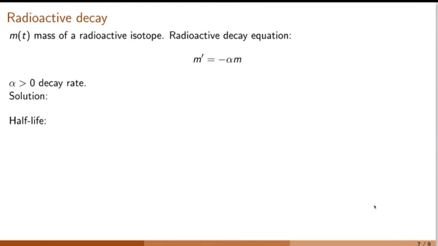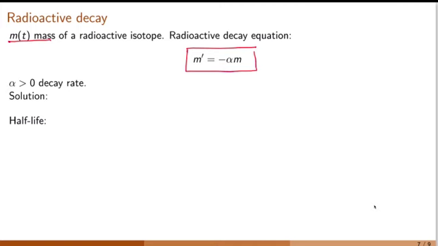Let's look at the example of radioactive decay. We all have heard about radioactive decay, and here is the radioactive decay equation. It is about a radioactive mass, m of t, and it satisfies a differential equation, m prime is equal to minus alpha m, where alpha is called the decay rate.